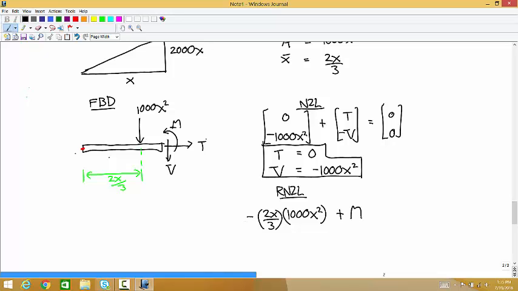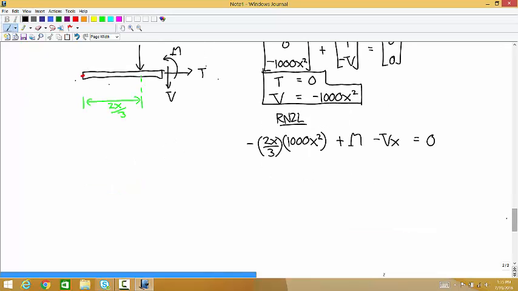And then plus m minus Vx is equal to 0. So m is equal to 666.6 repeating x cubed plus Vx. And if you substitute in Vx, you get 333.3 repeating x cubed.